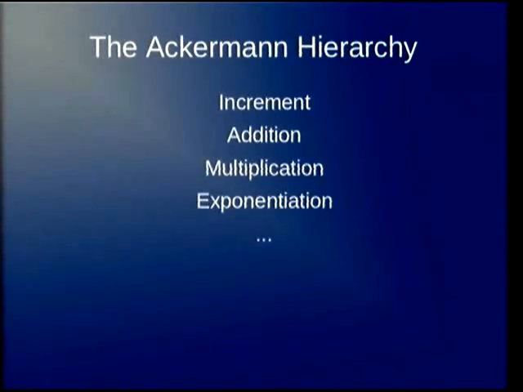Exponentiation is iterated multiplication. Now this is a very nice construction of these operators. But this means that we can extend this sequence. After that, they named it tetration, pentation, there's a whole series of operators that come after this.